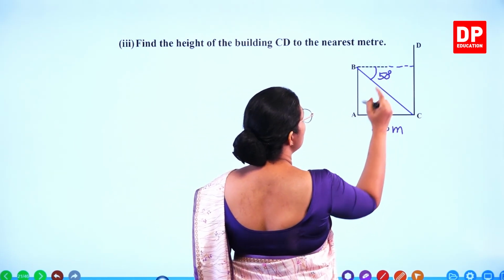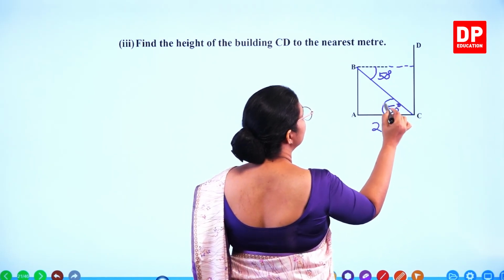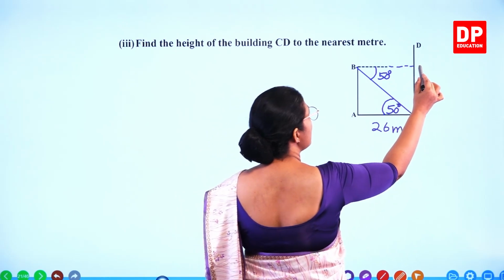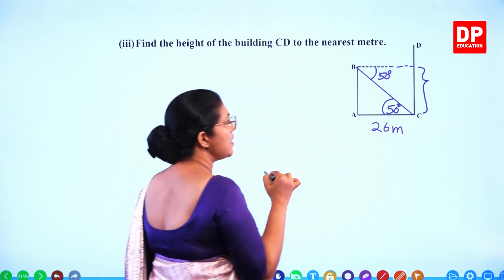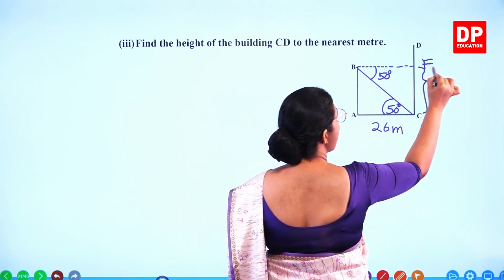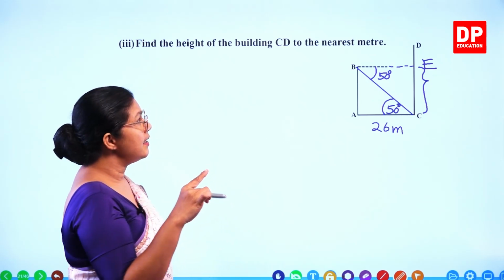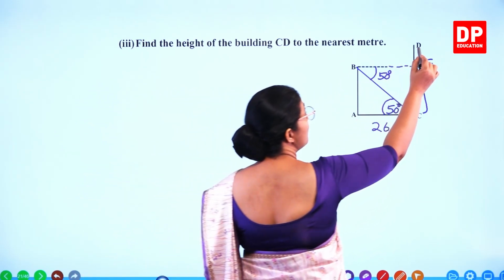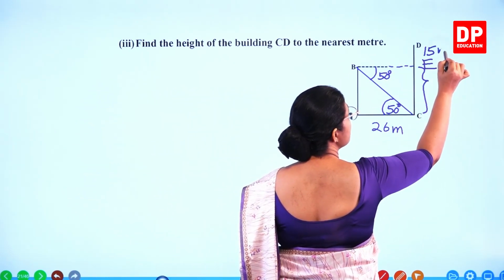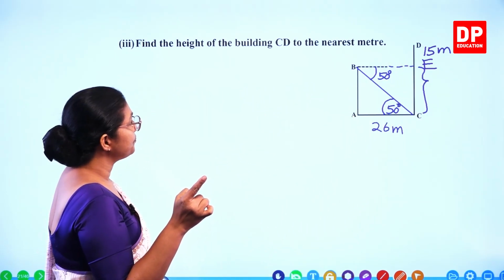And if this is 50, this is also 50 degrees. Now you can find this height first. That's the same as this, AB is the same as CE. So what's the height of the CD? So earlier we know that from this part, this is 15. So later you have to add 15 to that.